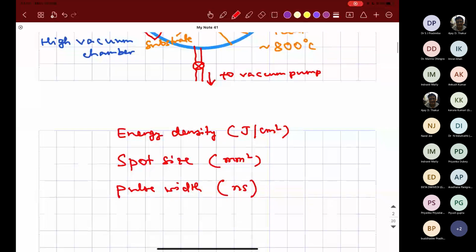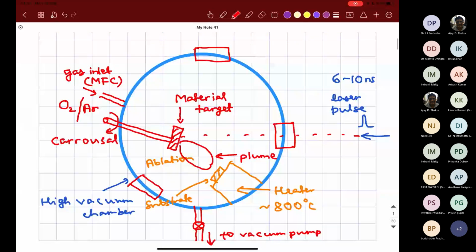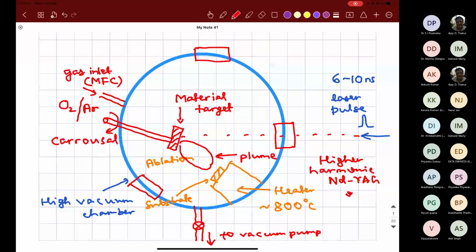Now when I say energy density, typically for the laser we are using a higher harmonic Nd:YAG laser, or one can also use an excimer laser.